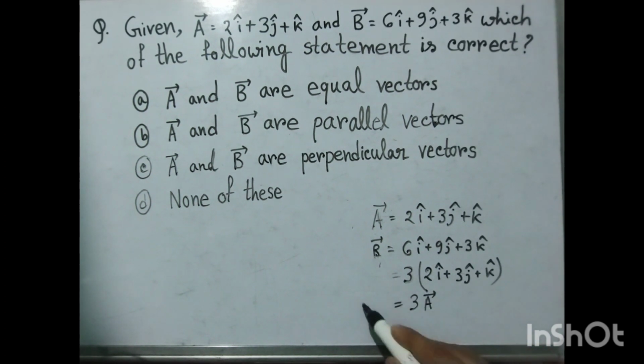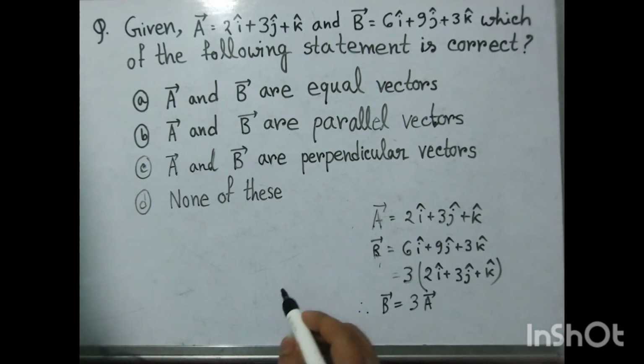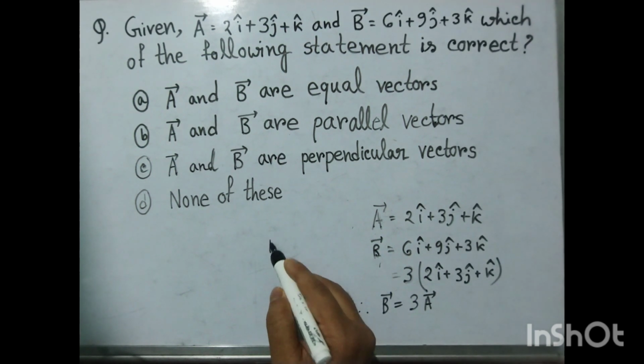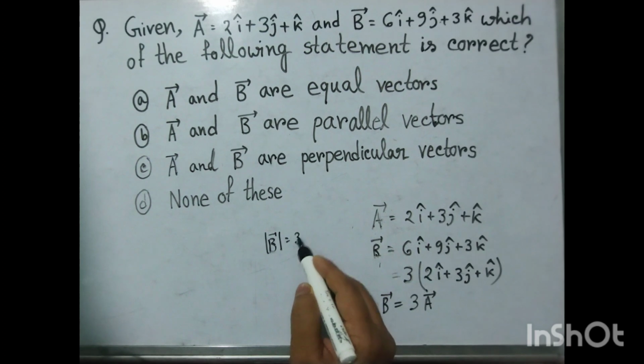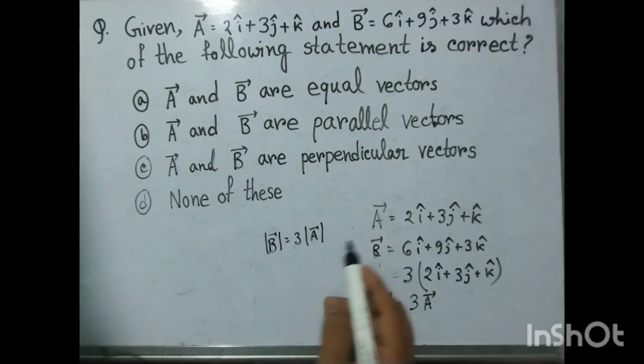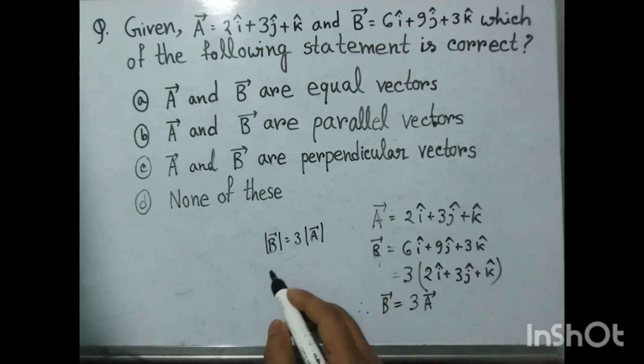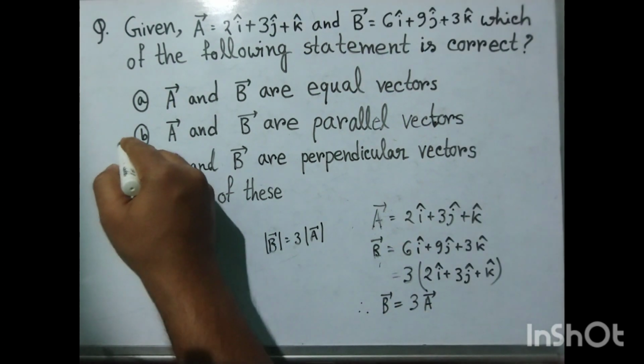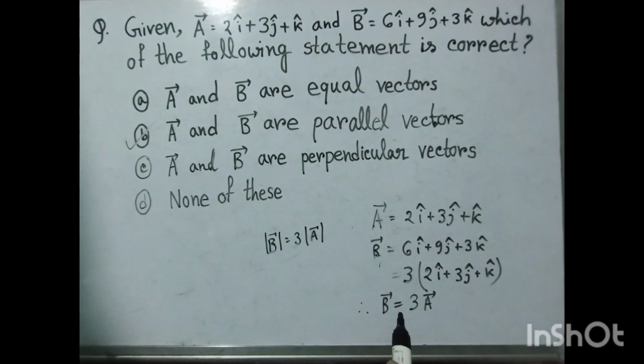So we are getting b vector equal to 3a vector. That means the magnitude of b vector is just 3 times the magnitude of a vector, but direction of b vector and direction of a vector is same. That means they are parallel vectors.